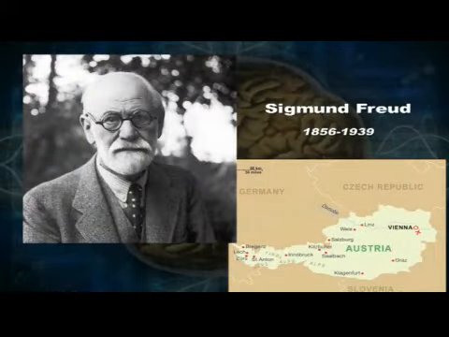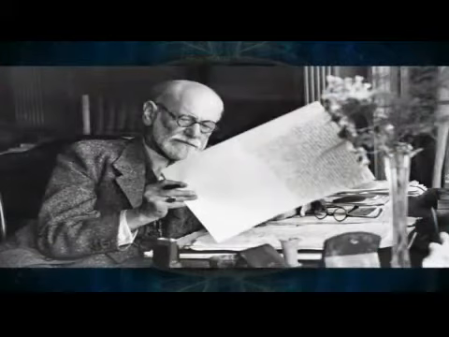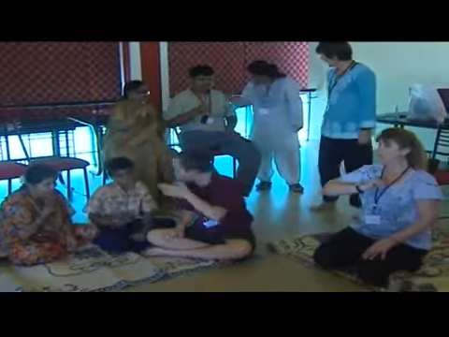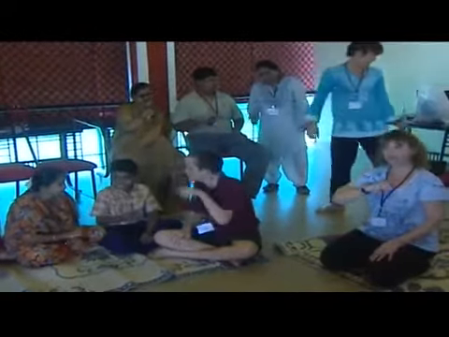Sigmund Freud, the Austrian neurologist, is best known for developing the theories and techniques of psychoanalysis. The theories proposed by Sigmund Freud stress the importance of childhood events and experiences, libido and ego. They exclusively focus on mental disorders rather than normal functioning.